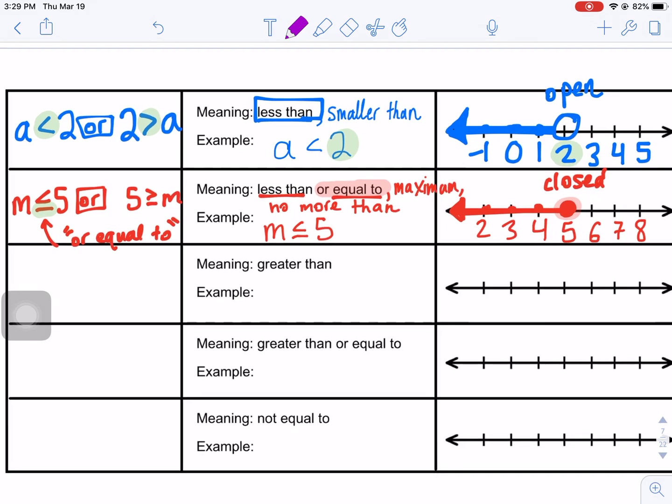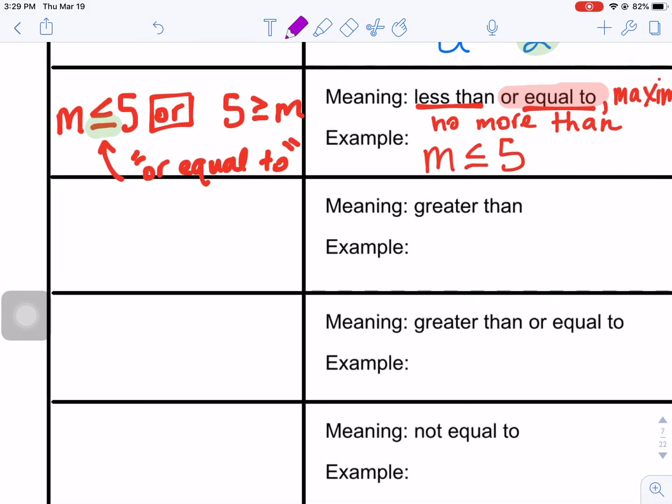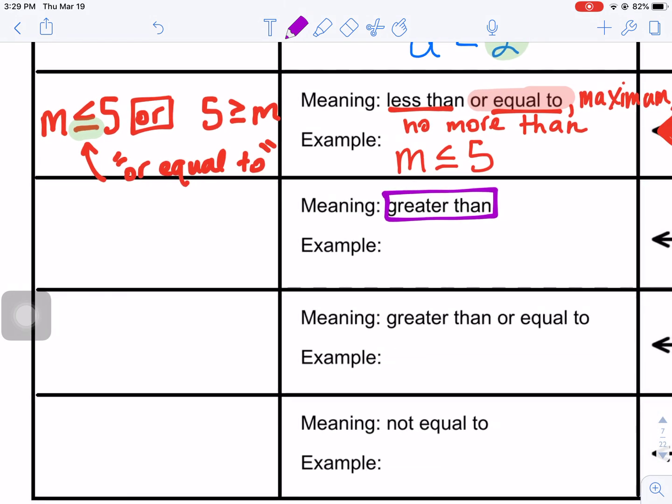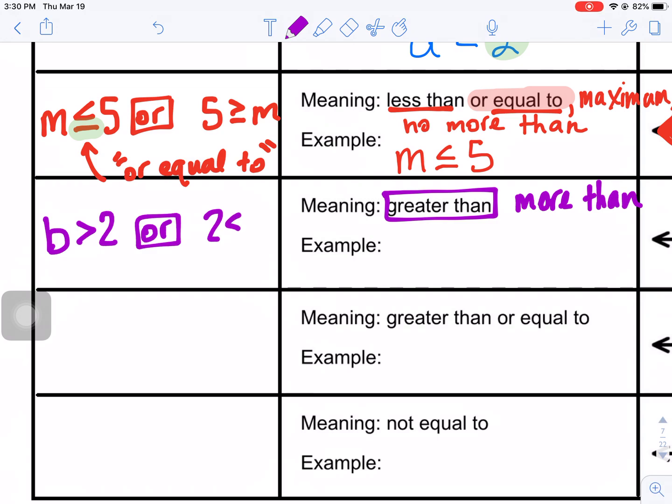The next one is the words greater than. You might also hear the words more than. An example would be b is greater than 2, or the same thing except backwards.